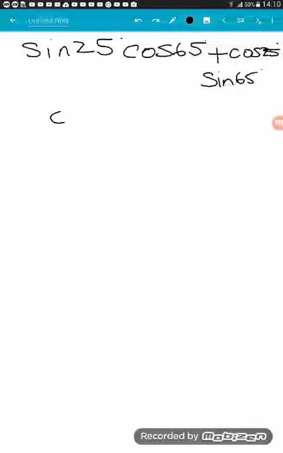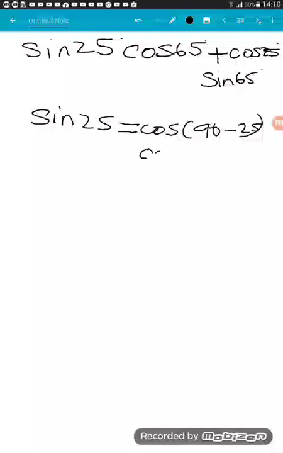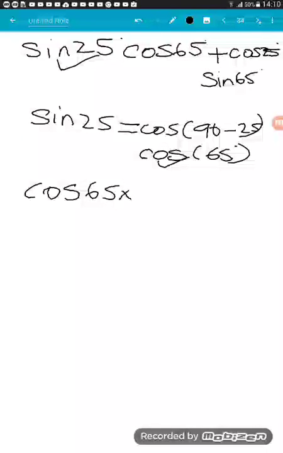Sin 25 equals cos of 90 minus 25, that is cos 65. So we will substitute this for sin 25, so it will become cos 65 into cos 65 plus, instead of cos 25, we will change it to sin 65.